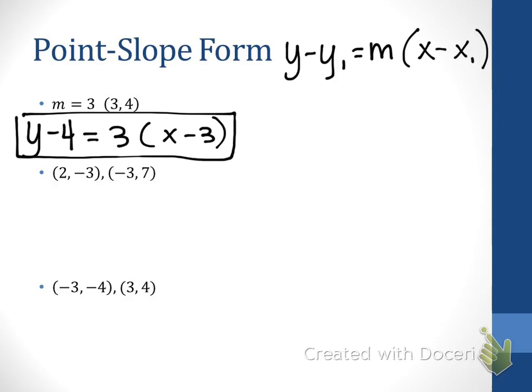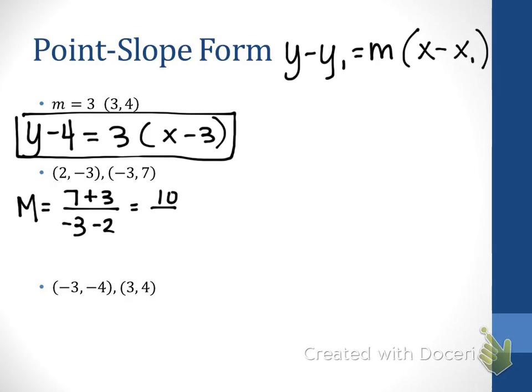Your slope. M. So I know a formula for that. M equals y2 minus y1 over x2 minus x1. So 7 plus 3 over negative 3 minus 2. Why was that a plus 3 on the top and not minus? Double negative. 7 plus 3 is 10.